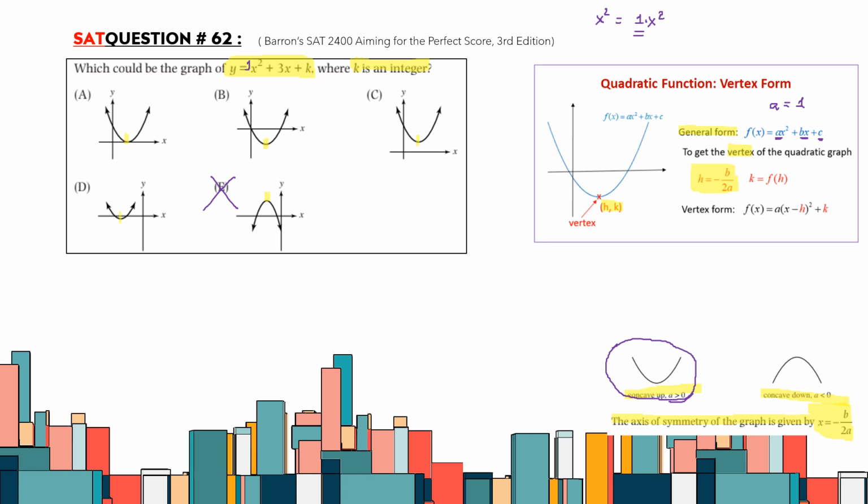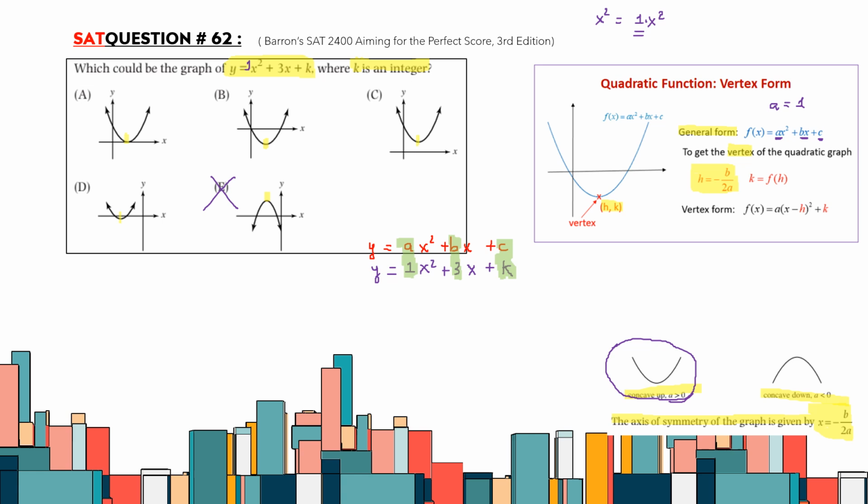Next, when we find the axis of symmetry for this graph, we have y equals 1x squared plus 3x plus k. For the formula, we have y equals ax squared plus bx plus c, so a is 1, b is 3, and c is k, right?